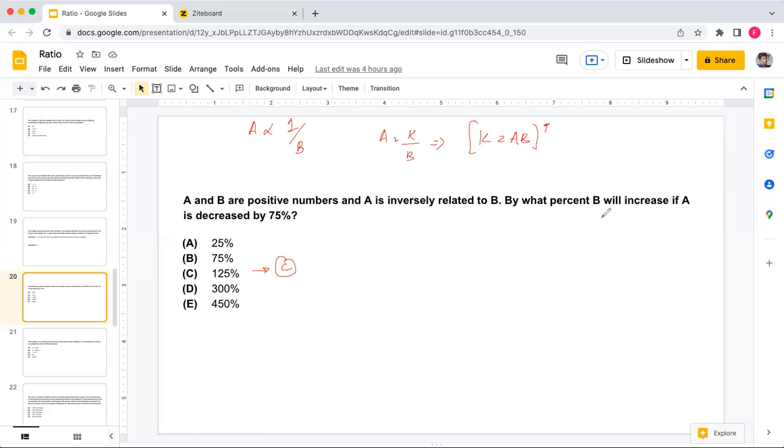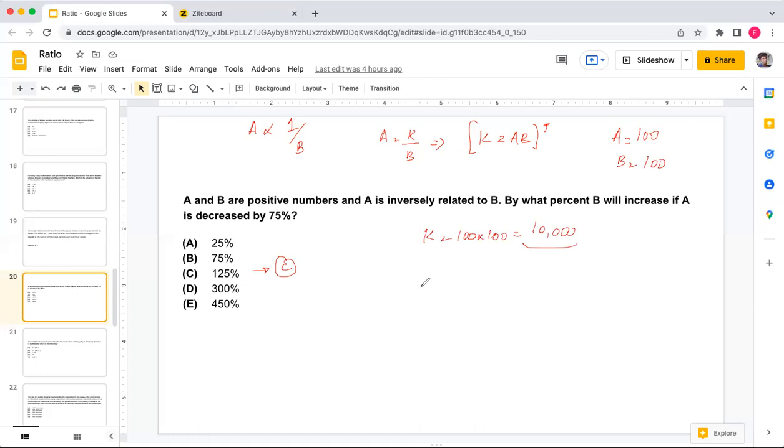So usually there are two ways to solve these proportional questions. One way is just simply involving these variables, and the other way is just assuming some values. For example, for easiness, if I assume value of A as 100 and value of B as 100, so initially, K is equal to 100 into 100, that is 10,000, right? Now the question is saying by what percent B will increase if A is decreased by 75%, right?